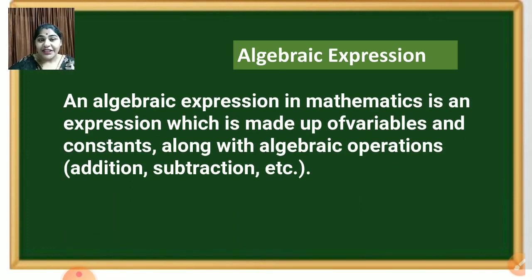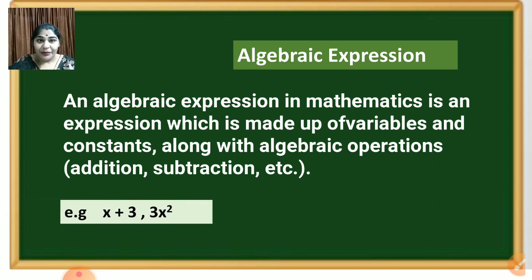An algebraic expression in mathematics is an expression made up of variables and constants along with algebraic operations like addition, subtraction, multiplication, division, etc. For example, you can see x plus 3, 3x plus 3x square, or you can write 3xy square. Many examples you can form, children, for algebraic expressions.